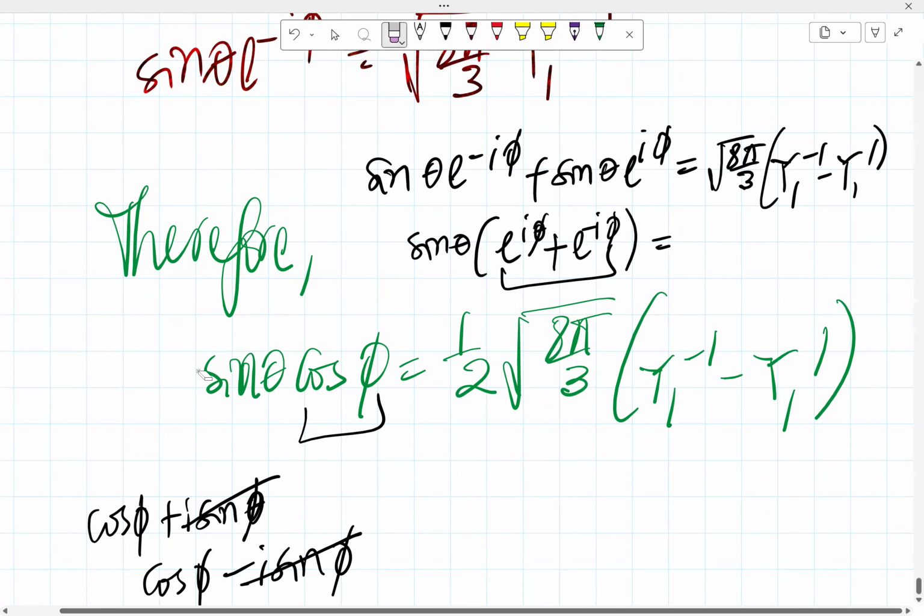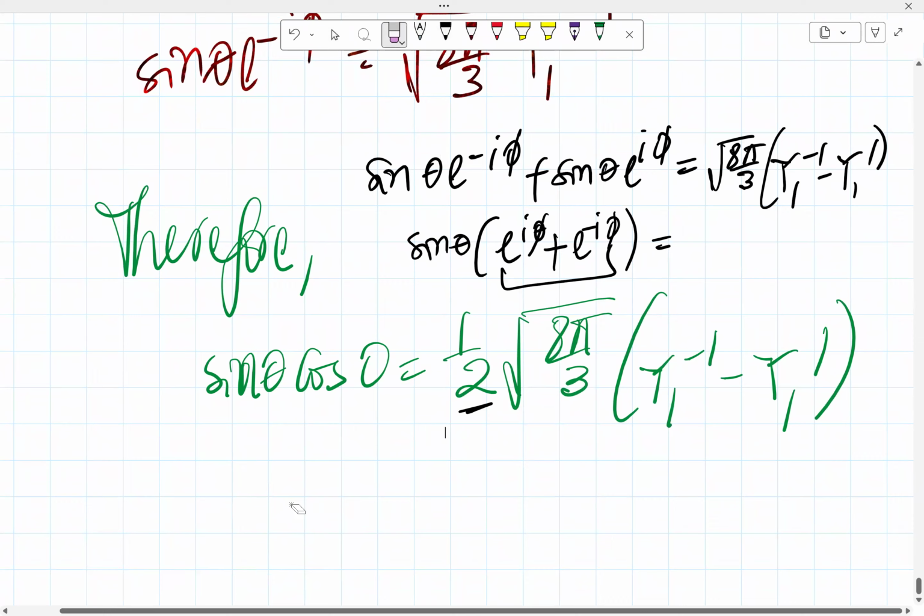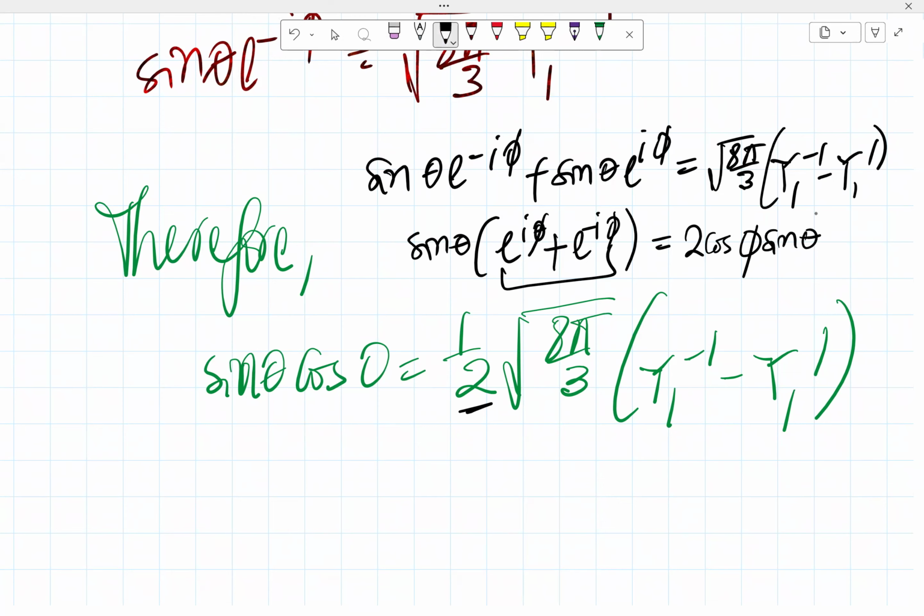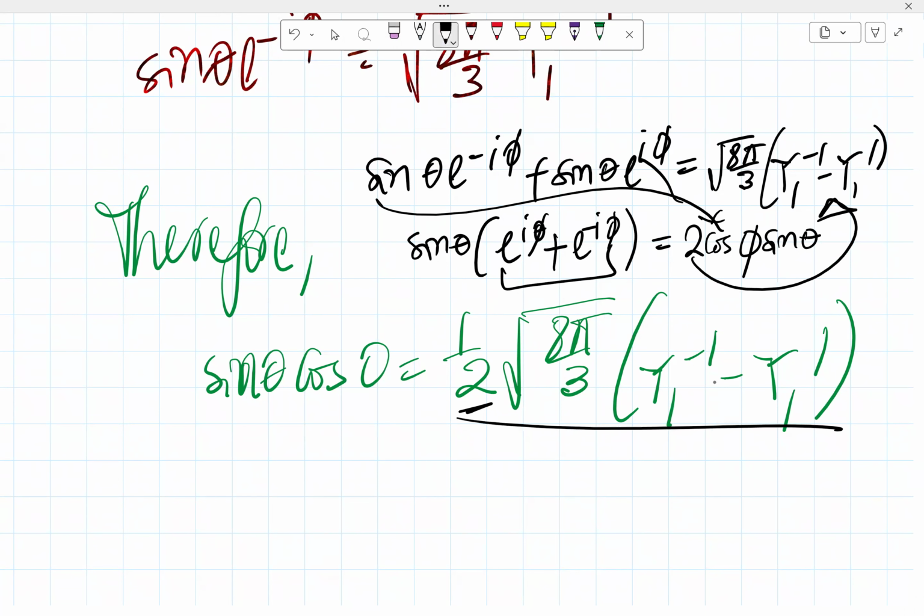So it is that 2 that comes here to divide both sides now. So that's where all of that is coming from. Everything here is coming from here. So this whole thing now is 2 cos phi, then sine theta that was there before. So that's what this side is becoming, and that's why this 2 goes to divide this side. And that's why we have all this expression.